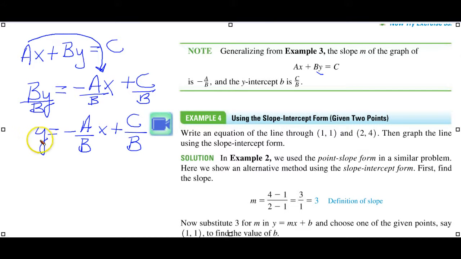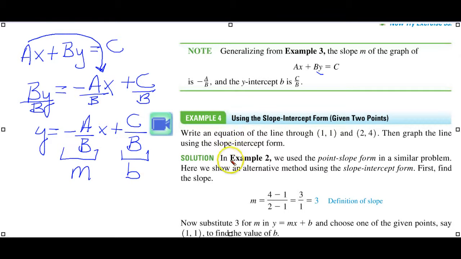So we then solve for y. Now, what is a negative a over b? This is your slope. And what is c over b? This is your y-intercept.